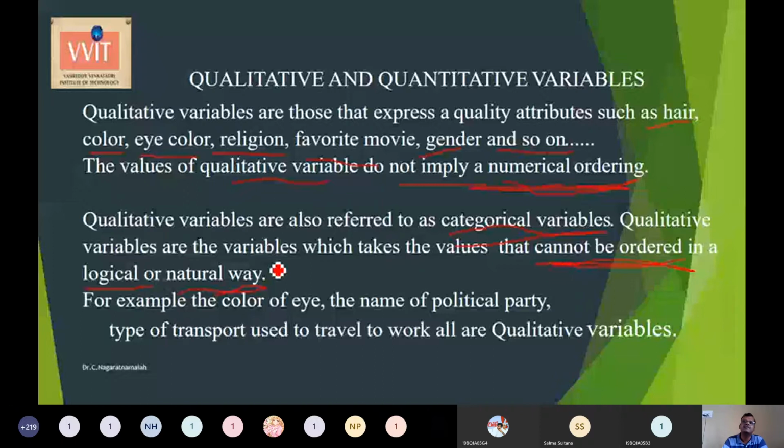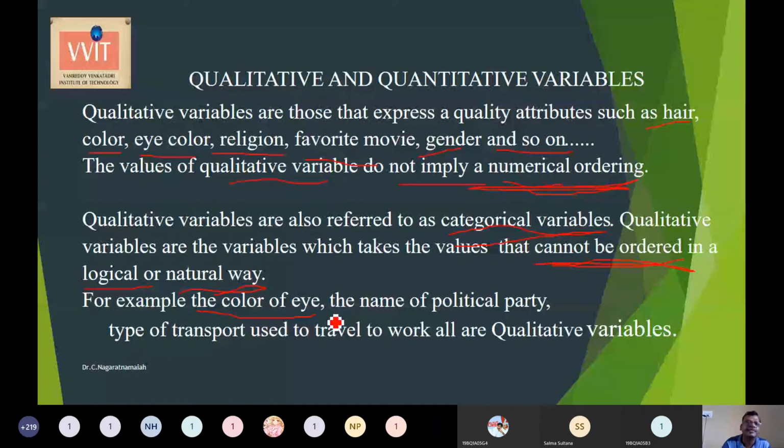Suppose there are variables which can be ordered in a logical and natural way, then we call that a quantitative variable, which we have to study in the next slide. For example, the color of eyes, the political party, the type of transport used to travel to work, all are qualitative variables.